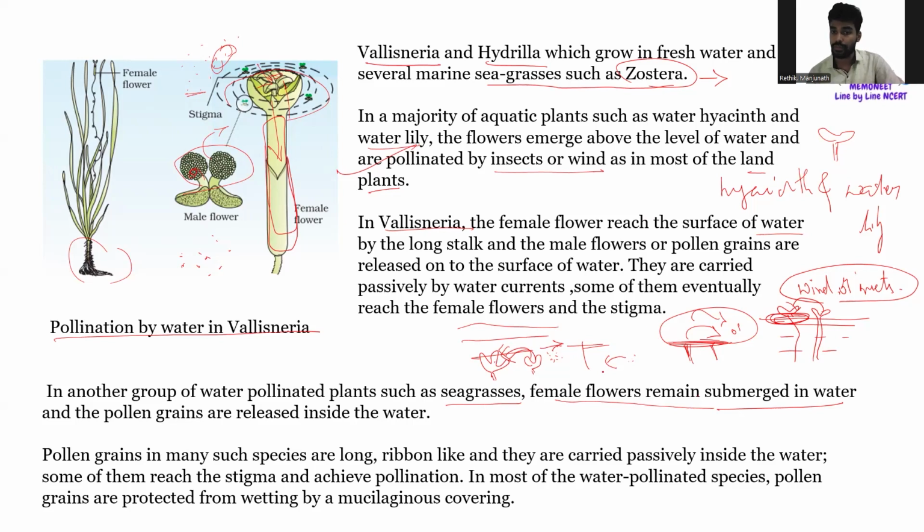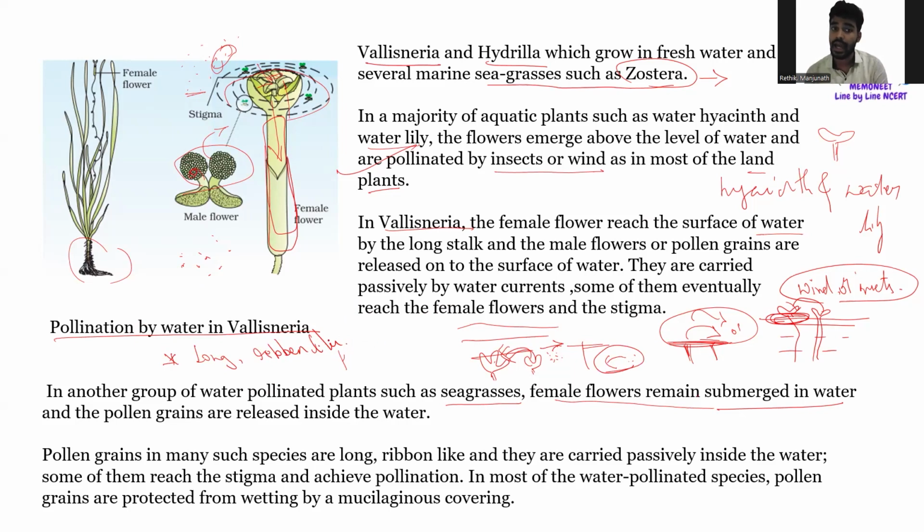So in order for pollination to happen, water-pollinated pollen grains should have the following characters. What are they? The first is that the pollen grain should be long, ribbon-like in structure, so that they could easily move in the water through the water current.